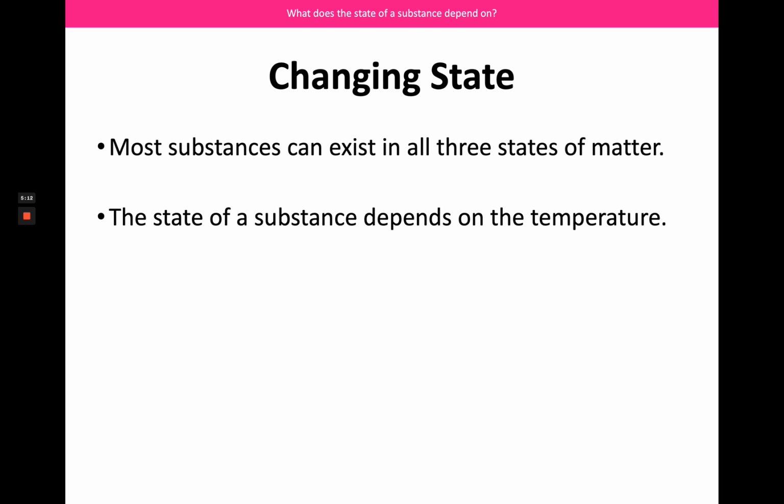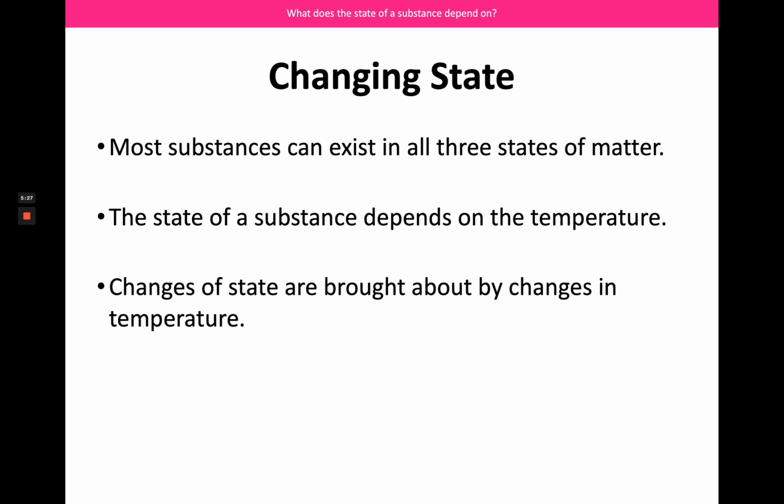And the thing that affects which state a substance is in is the temperature. So whether something is a solid, a liquid or a gas is going to depend on the temperature of that substance. And therefore, if we change the temperature, then we have the possibility of changing state.